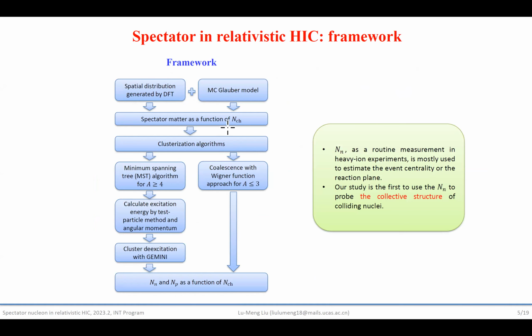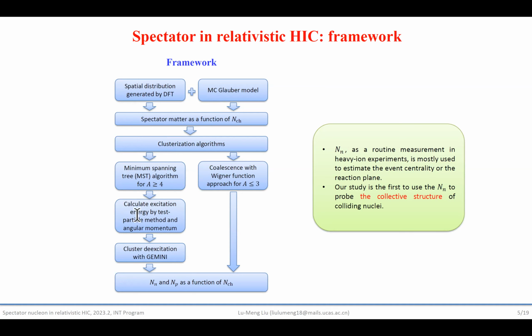This is the framework of the approach. First, we employ the density functional theory to obtain the density distribution of the colliding nucleus. And then we use a Monte Carlo Glauber model to simulate the collision process to obtain the information of the spectator matter. After some clusterization algorithm, we can get the information of the clusters.